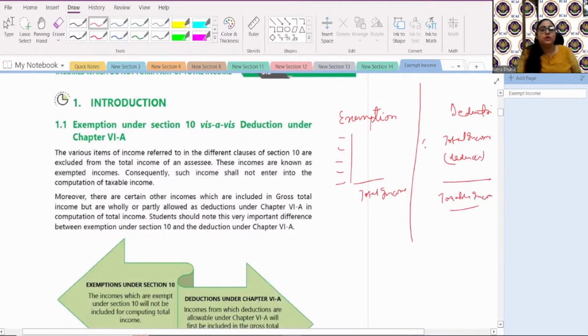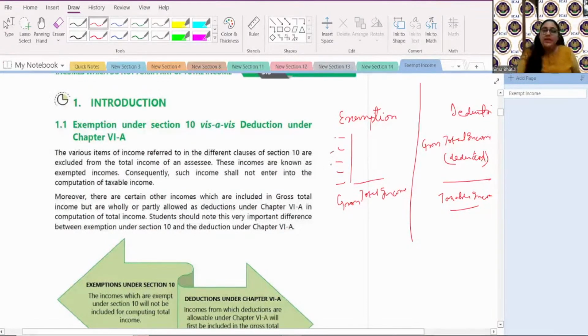This is my gross total income, you can say. From that, I reduce deductions which are allowable, and then I come to taxable income. See, both have an impact on making your taxable income less, but both are different. This is not taxable at all.